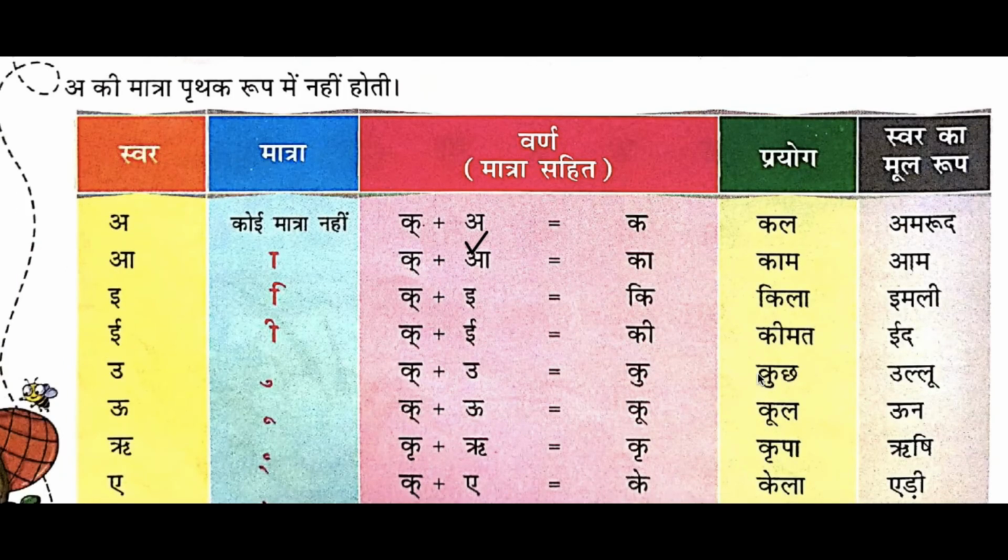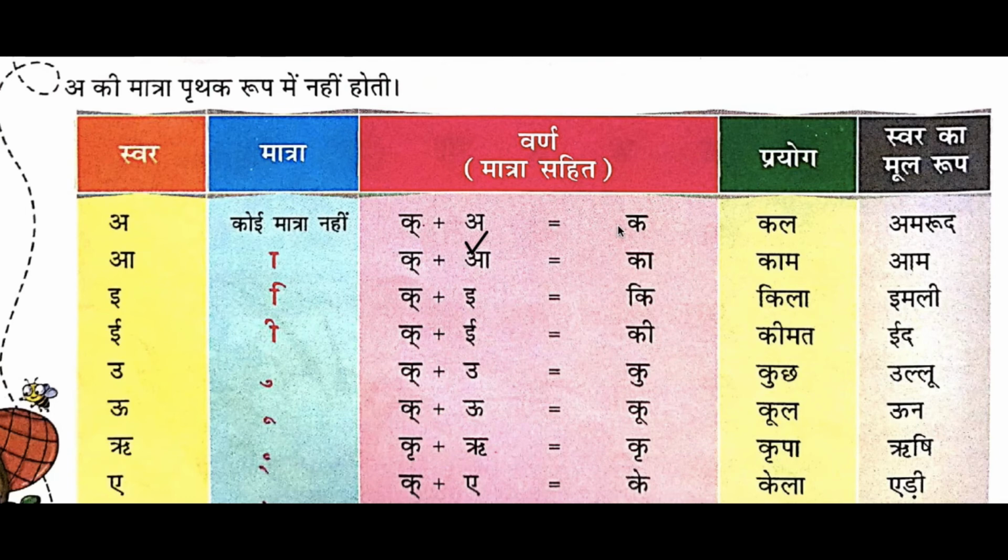So now we'll go through this table and we'll see how it explains the swar and its matra and how it makes a word. ये कैसे एक शब्द बनाता है. First is अ की कोई मात्रा नहीं होती है. As I already explained, अ की कोई मात्रा नहीं होती है.